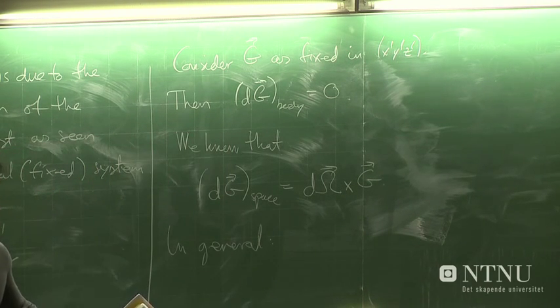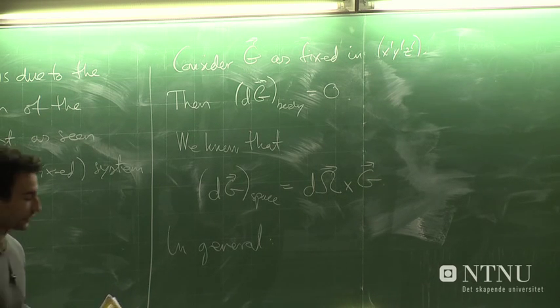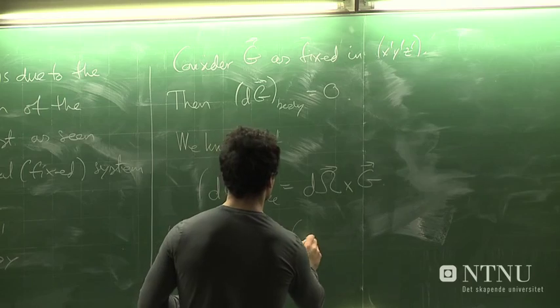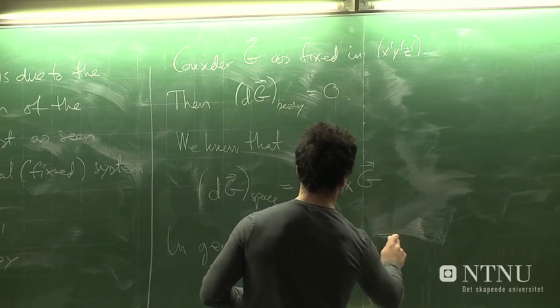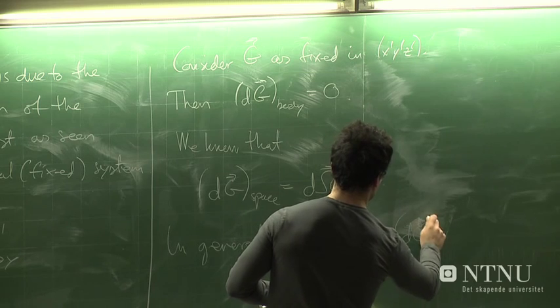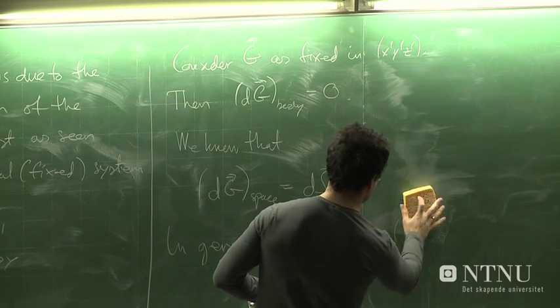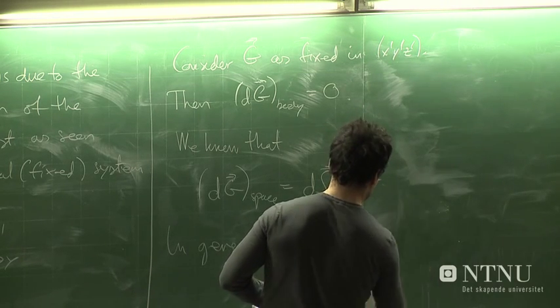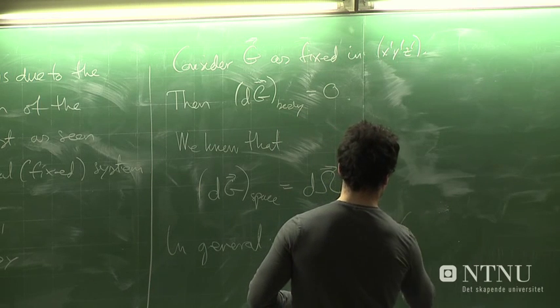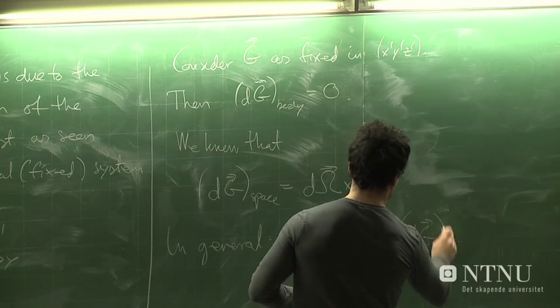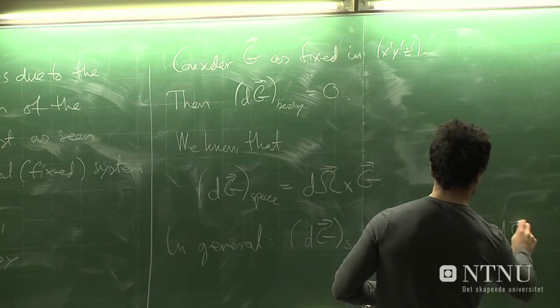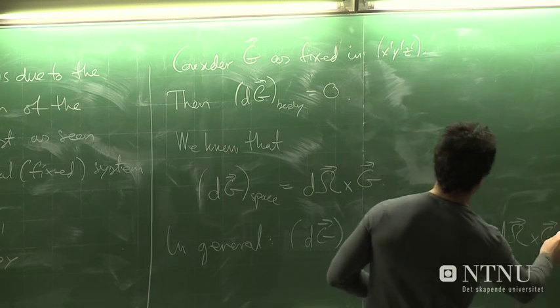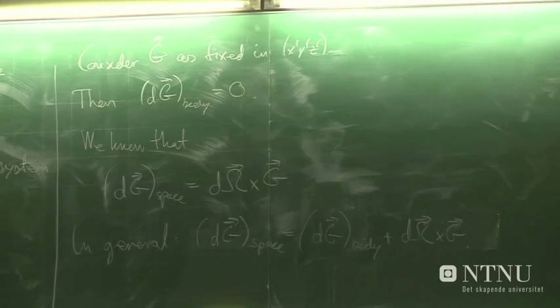So the general relation between how a vector is changed in the body compared to the space system is given like this.